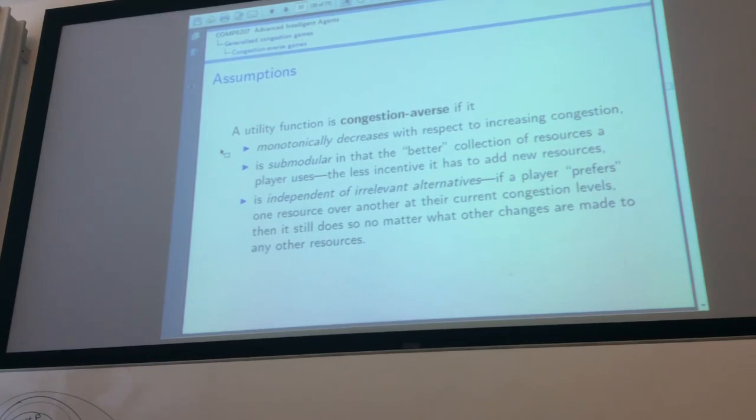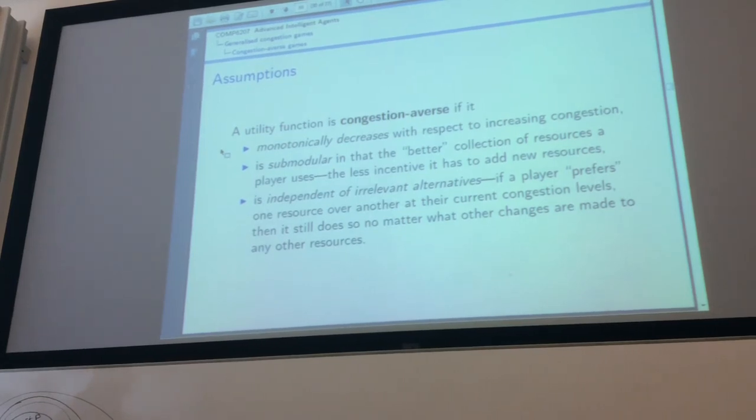Similarly, it could be done for the opposite case where the agents like congestion. Mathematically, it's exactly the same; what we need is monotonicity, one way or the other. Let's fix this particular way. So the utility functions decrease when the congestion increases.